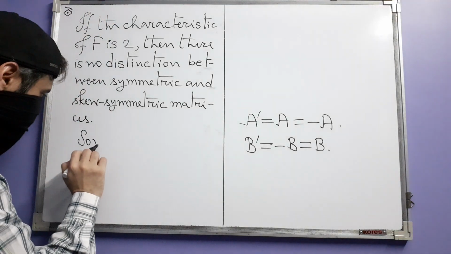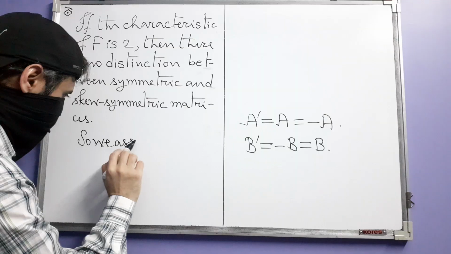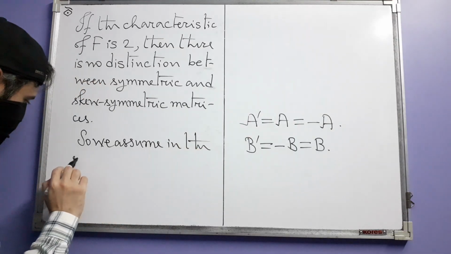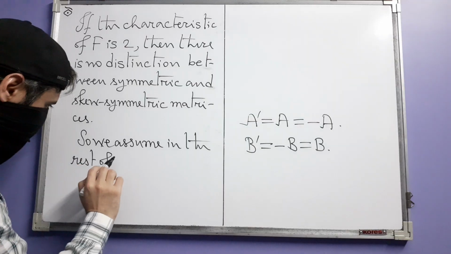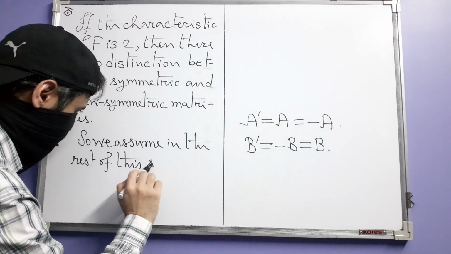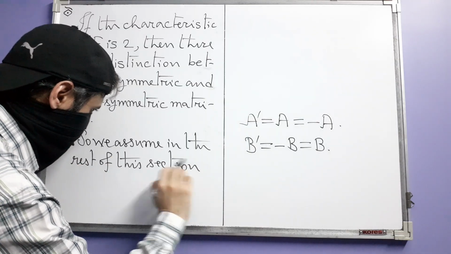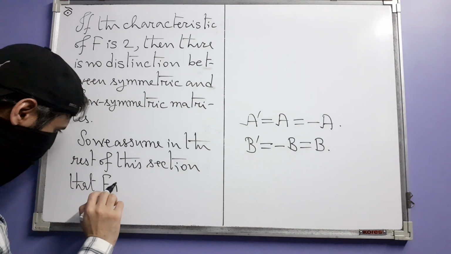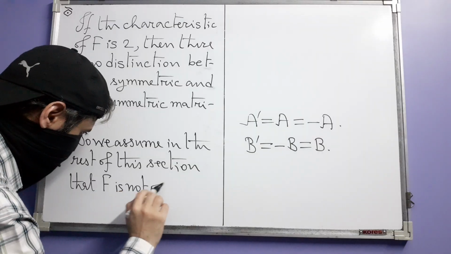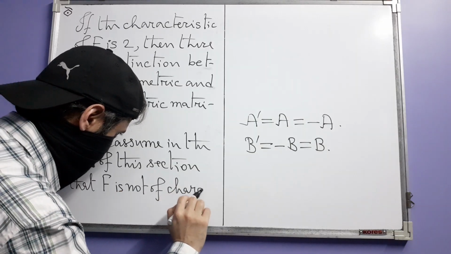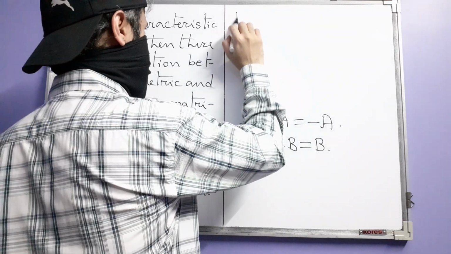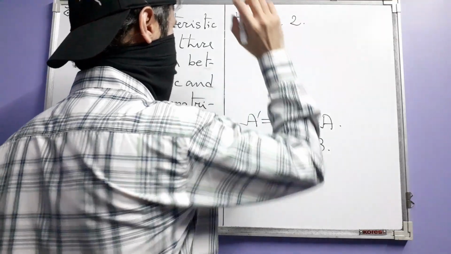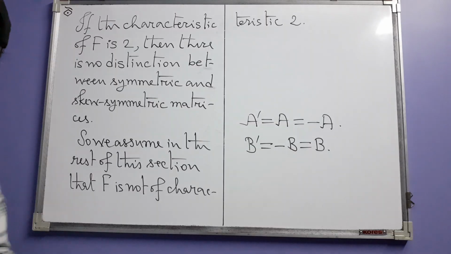So we assume in the rest of this section that F is not of characteristic 2. All right.